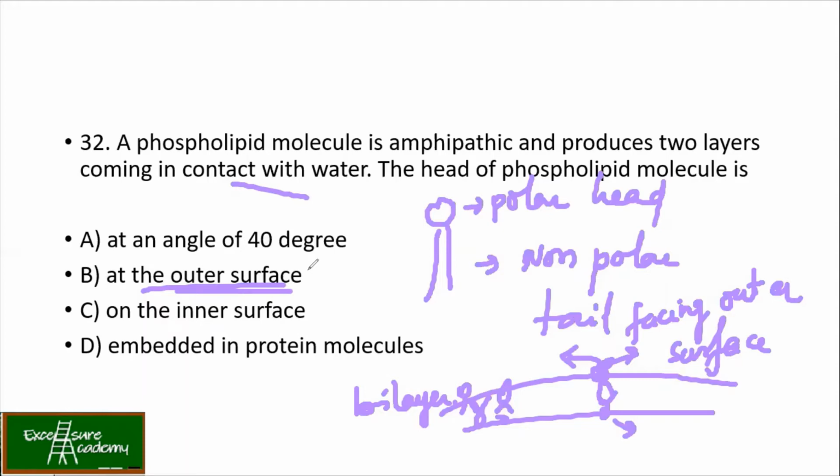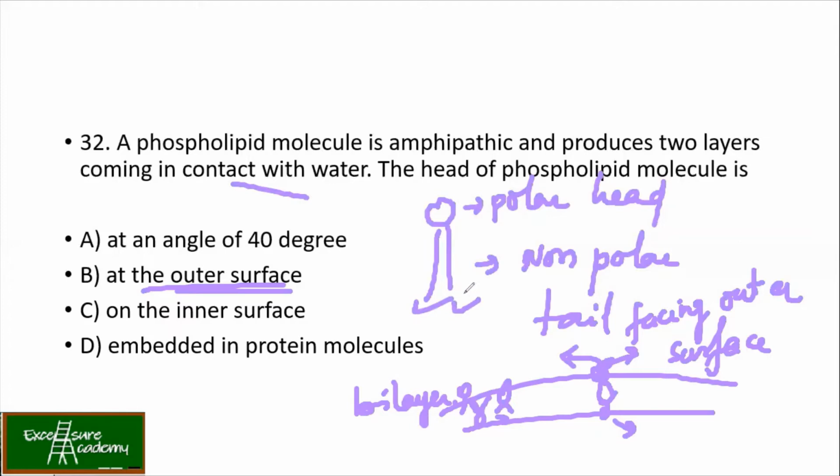Just listen to the explanation. The lipid molecules are amphipathic in nature, that is, they possess both polar as well as hydrophobic regions. The hydrophilic region is in the form of the head occurring at the outer surface, while the hydrophobic part contains two fatty acids, as I have just explained. These are the hydrophobic tails.